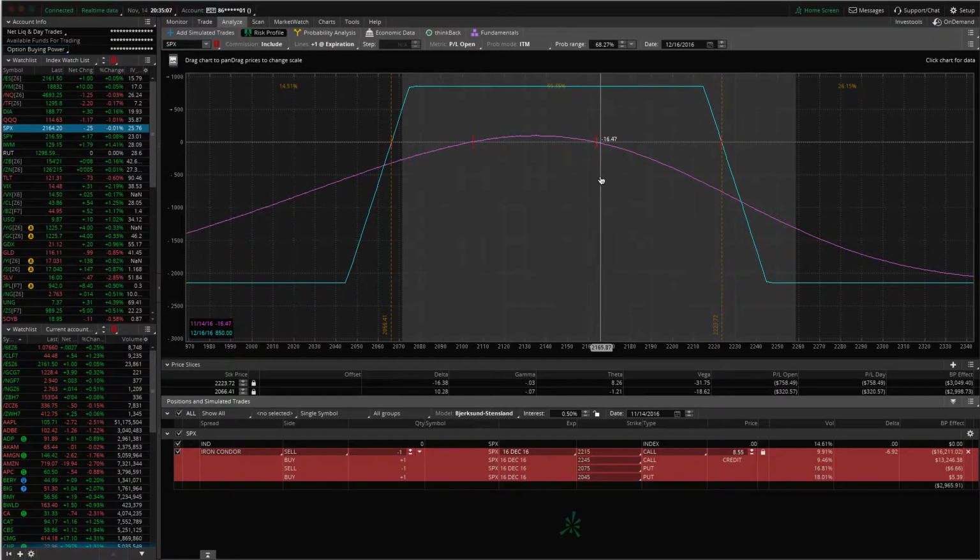As long as price stays within this range, which initially we have a 60% probability of that happening between now and expiration, we're going to keep that premium that we collected of $850. If there's a disaster, if there's an explosion to the upside or a crash to the downside, the max loss that we could incur is $2,150.